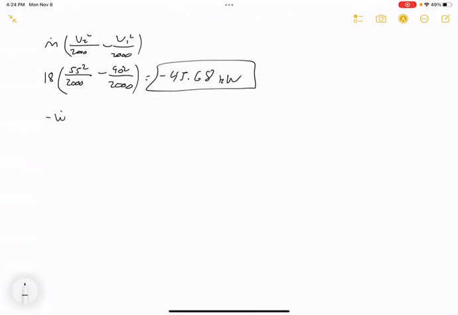We're going to have minus W dot equals m dot times (H2 minus H1 plus V2 squared minus V1 squared over 2000), right? So what do we know here? We're trying to find W dot. We know m dot. We also have all the information we need to find the per unit mass change in kinetic energy. It's basically what we found here, just divided by the mass flow rate.